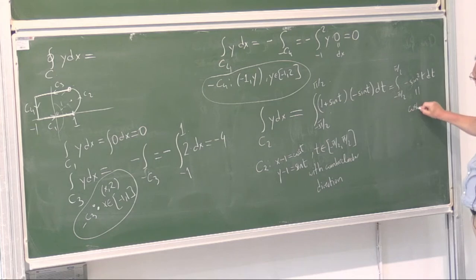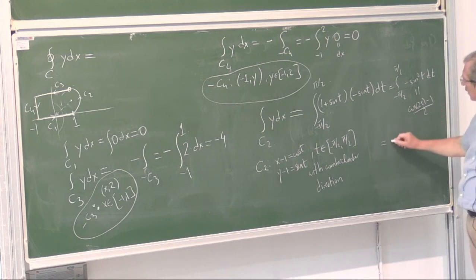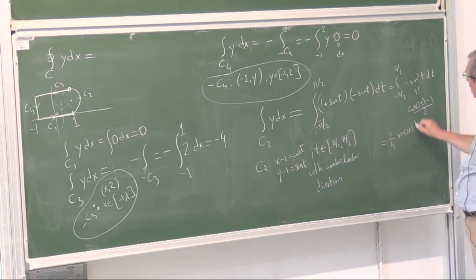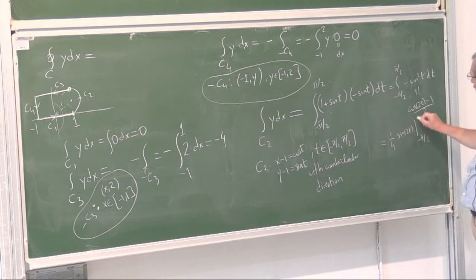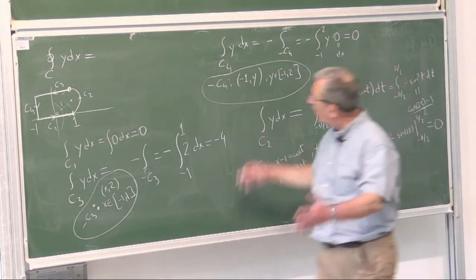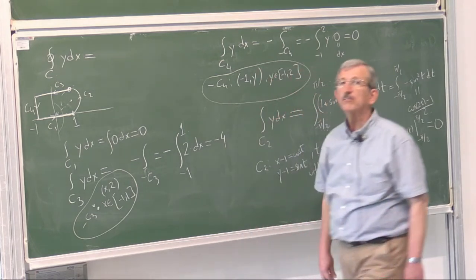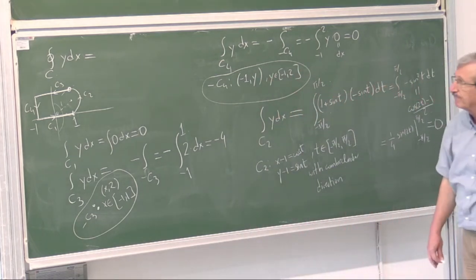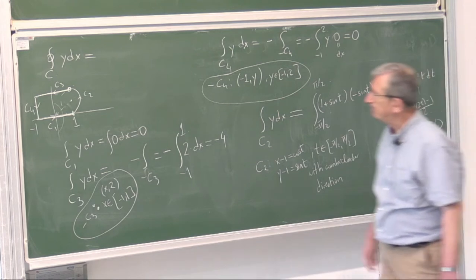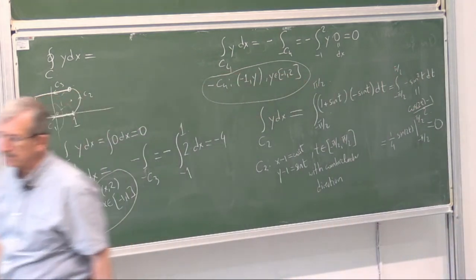Cosine 2t minus 1, over 2. So the integral would be 1 over 4 sine 2t from minus pi over 2 to pi over 2, which would give me 0 again. Okay. So all in all, the value is minus 4 again. Okay.